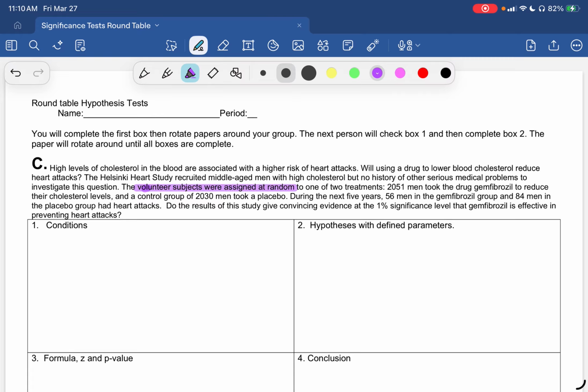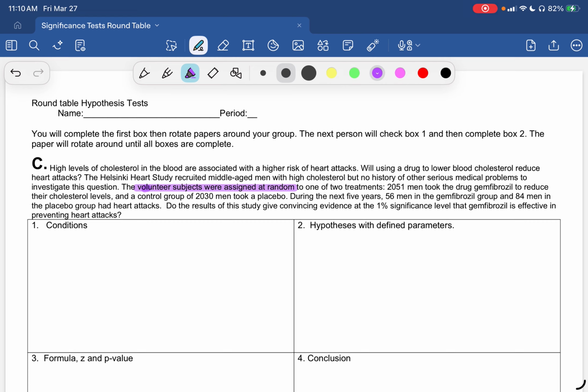We do see that the volunteer subjects were assigned at random. So just a side note, because I'm not going to do the conditions again: the volunteers are randomly assigned. So yes, they are volunteers, but within this group, they are randomly assigned, which gets us around the random check. So we're still random, and we can still generalize to the population.